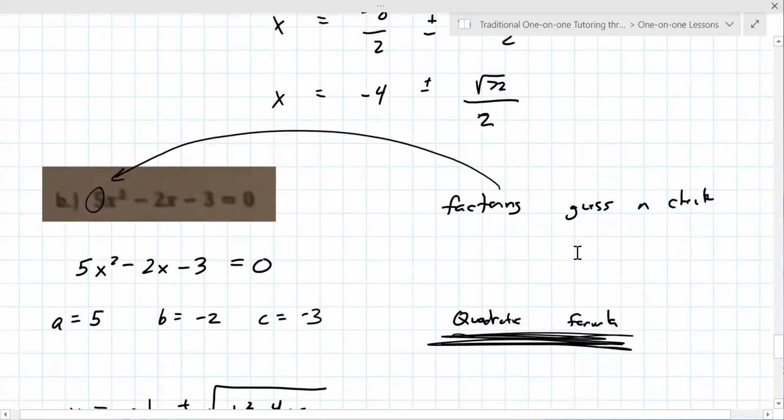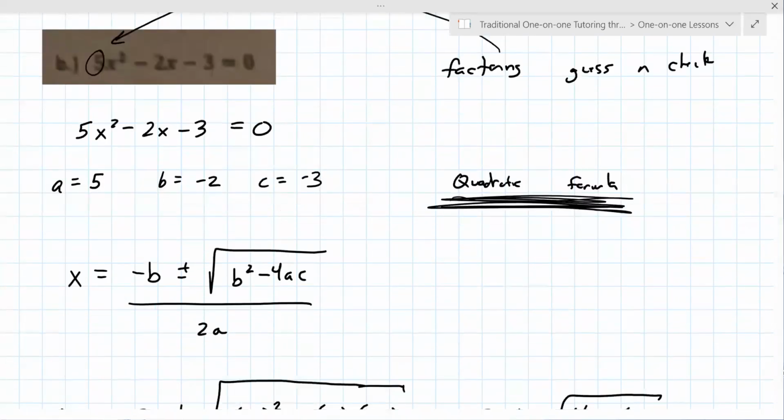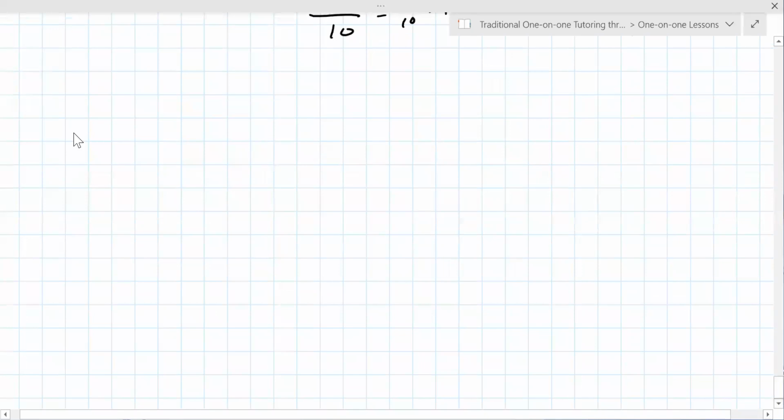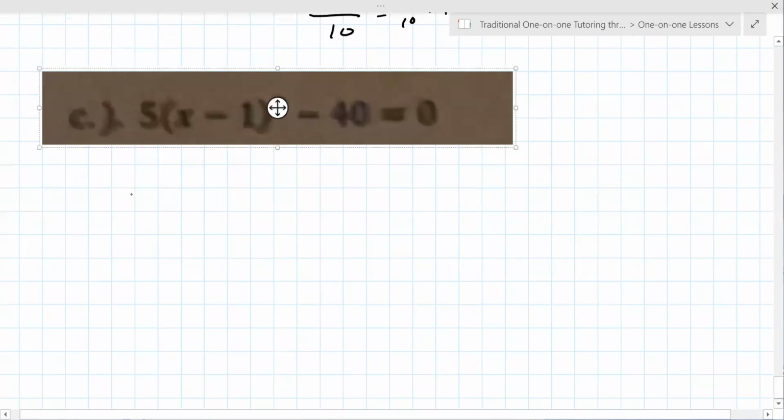And D was completing the square. So let's look at C and E, and I'll give you reasons why you would use a certain method. Really good that you're able to do that on your own. You'll probably have more opportunities to practice in the coming days and weeks before your test.